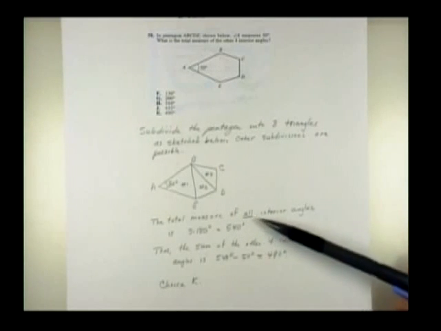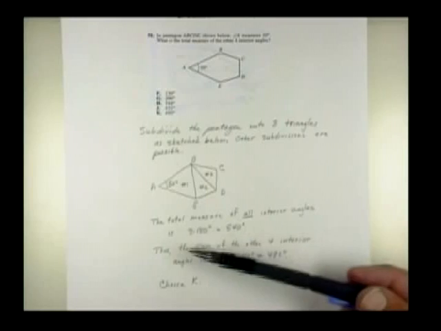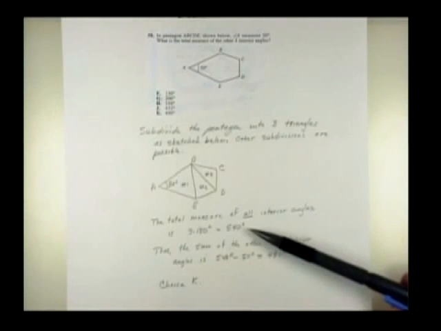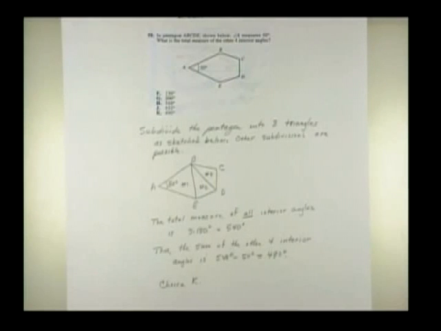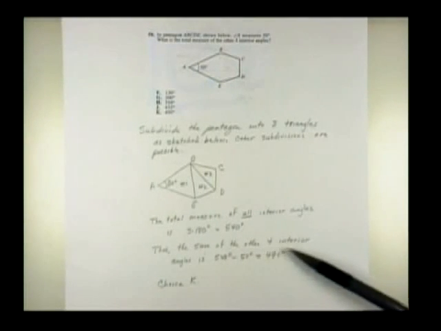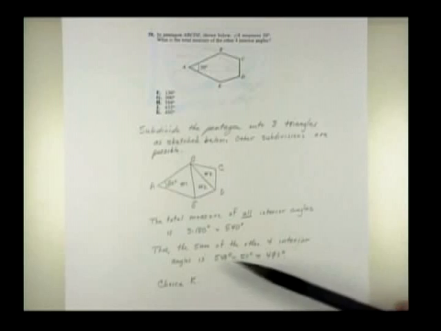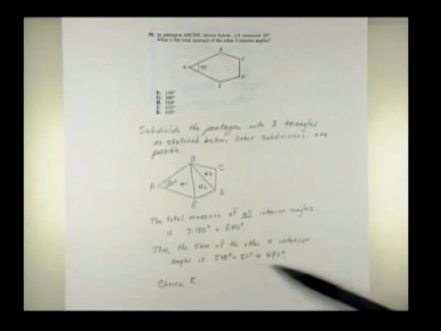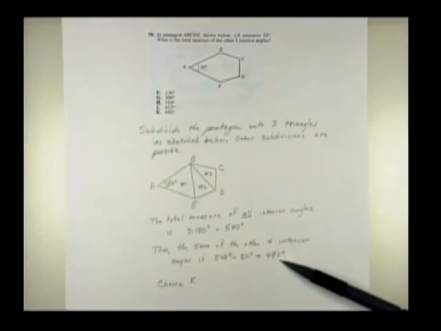The total measure of all interior angles is 3 times 180 degrees per triangle, or 540 degrees. Thus, the sum of the other 4 interior angles is the total of all interior angles, 540 degrees, minus angle A, 50 degrees, equals 490 degrees. Choice K.